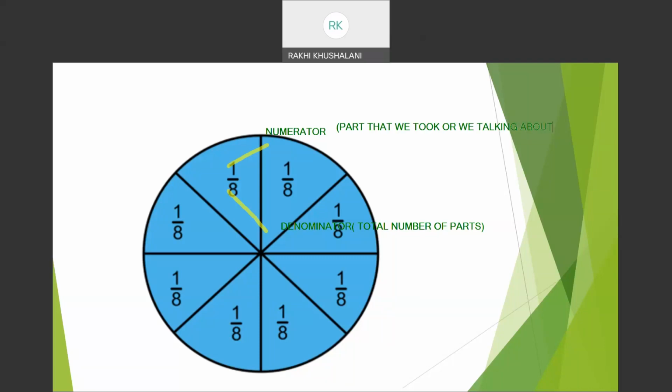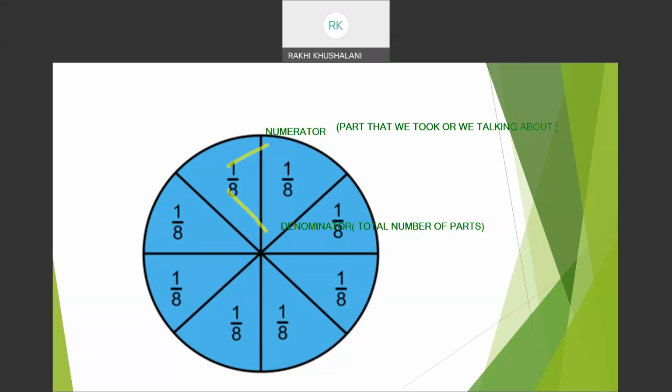Right now, I'm talking about only one part. So I will say 1/8, or I can say 1/8 of the fraction, or 1/8 of a whole, or as I said in the earlier image, 1/8 of the pizza, 1/8 of the circle.